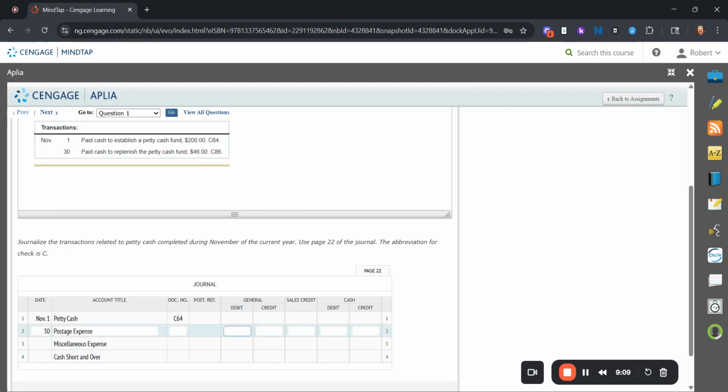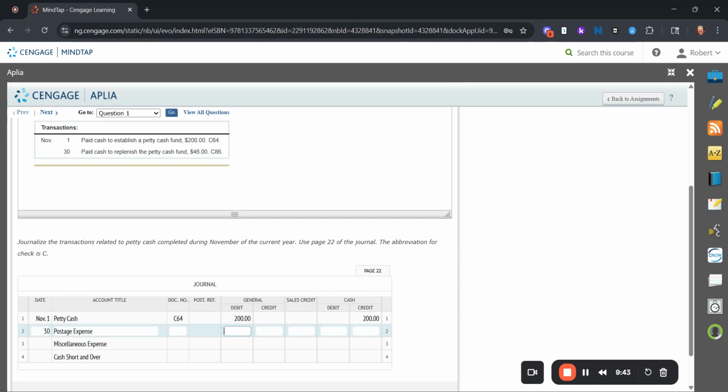So the postage expense, all right, start with petty cash first. So petty cash, it's an asset, so there's an increase in the asset, $200. That came out of the checking account. So a decrease in the cash asset in the checking account, so $200 credit. And then the expenses, or those on the owner's equity side of the accounting equation.